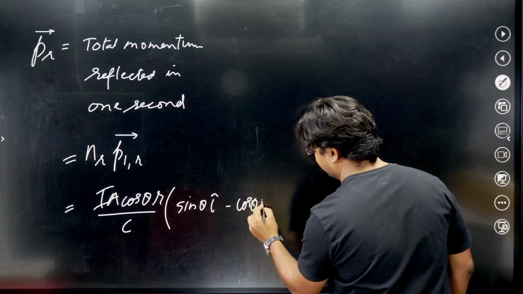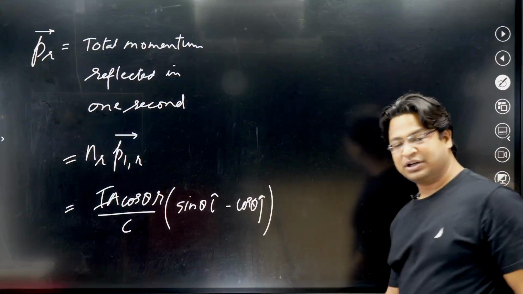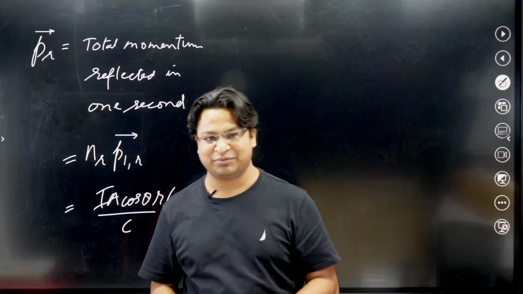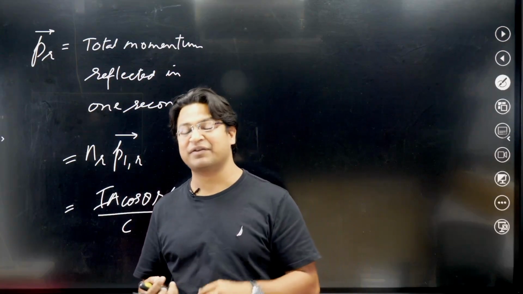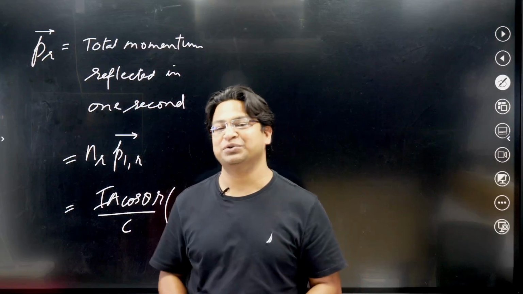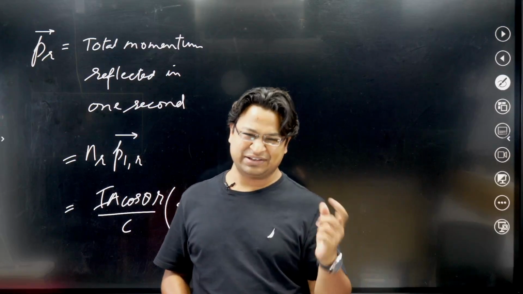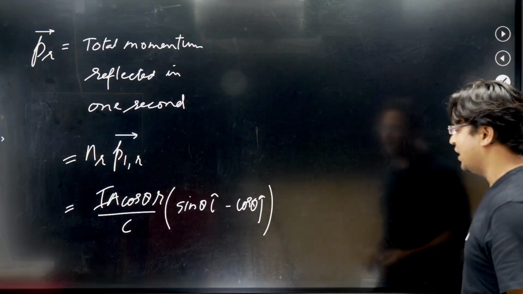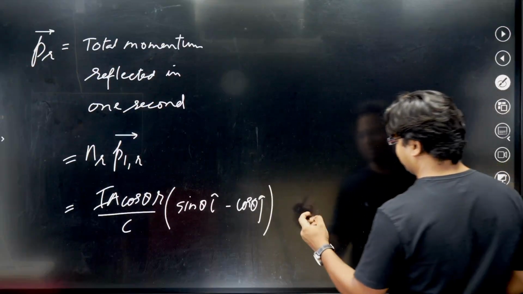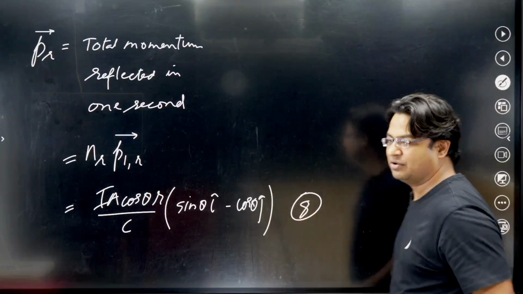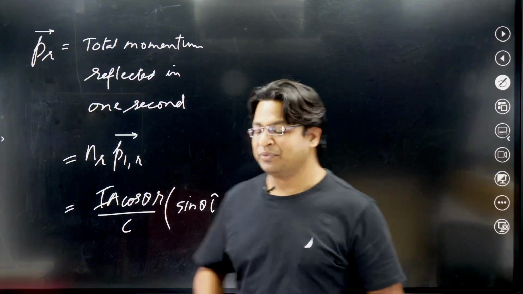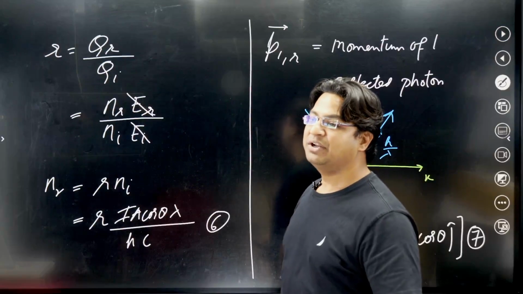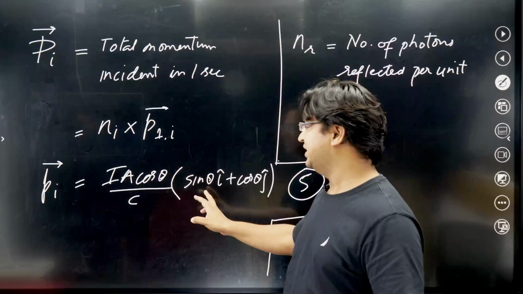Now you would be wondering what a great length of derivation this is, but once you understand what I'm doing, once it clicks, you will find that these things were pretty obvious, that this is what we should have been doing. Now let me number this equation. This is our equation number 8. Let's see what we have achieved till now. We have been able to write the momentum reflected per second, and the momentum incident per second.